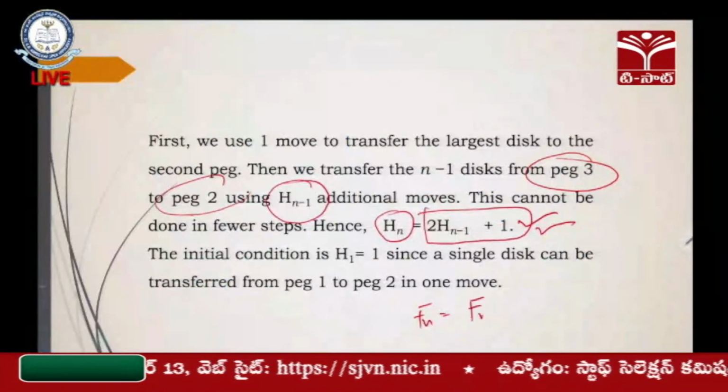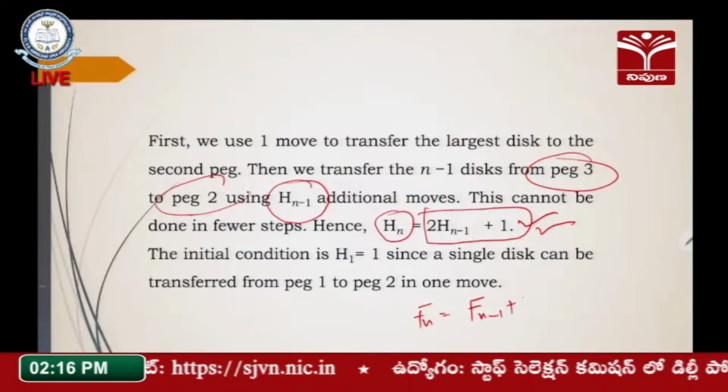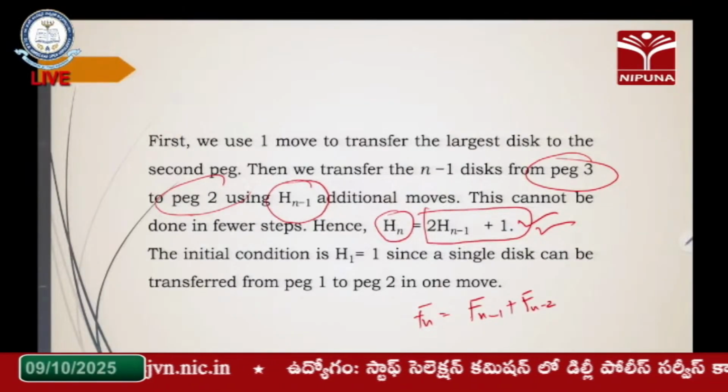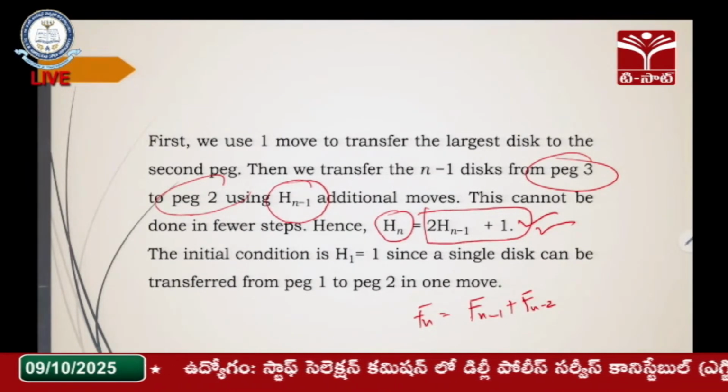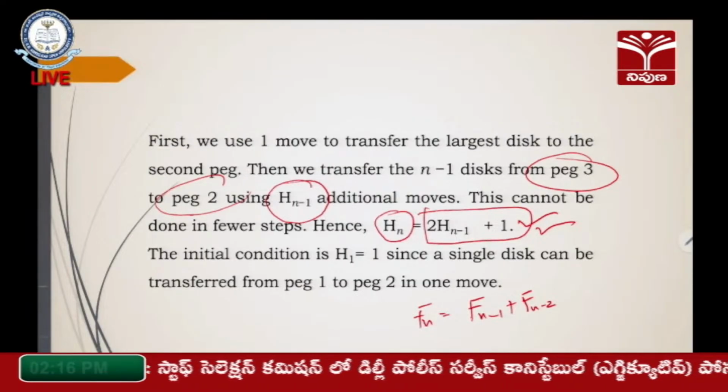So here this recurrence relation is called single step, because the nth term depends upon Hn minus 1, whereas my Fibonacci relation, Fn equal to Fn minus 1 plus Fn minus 2, depends on 2 previous terms, so it is called a multi-step relation.